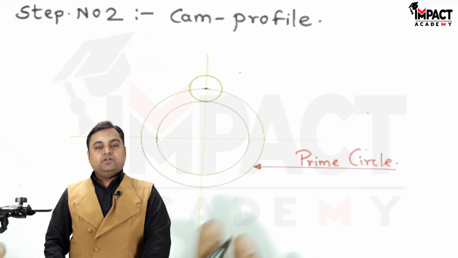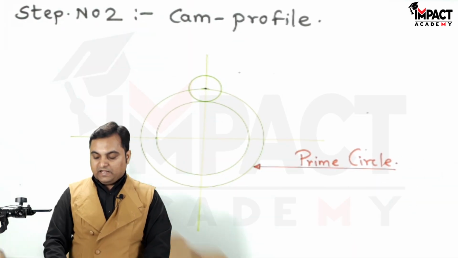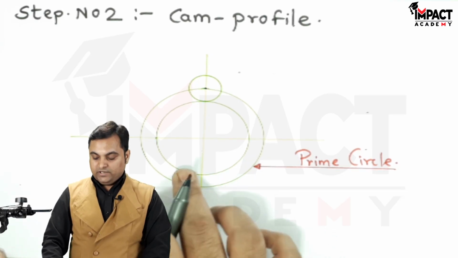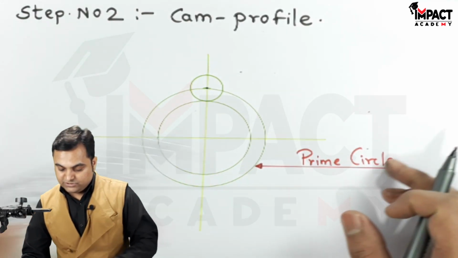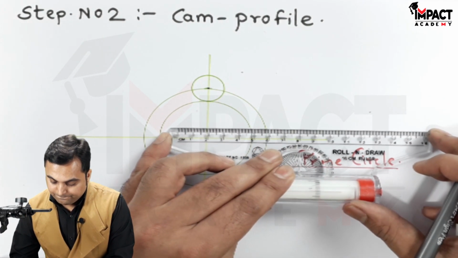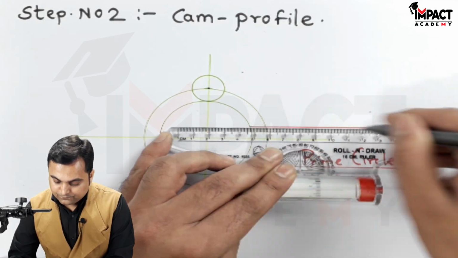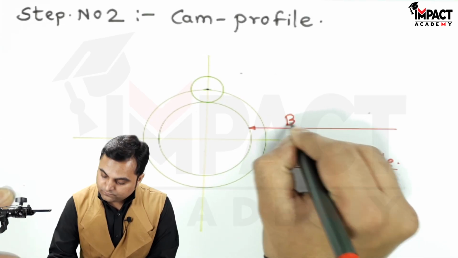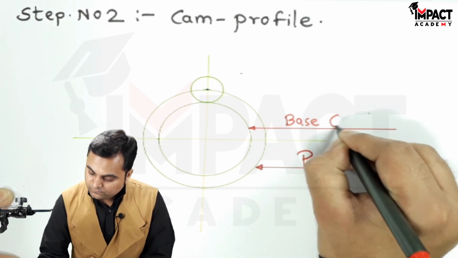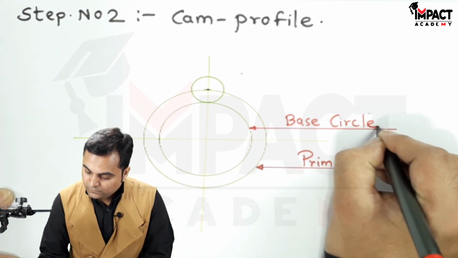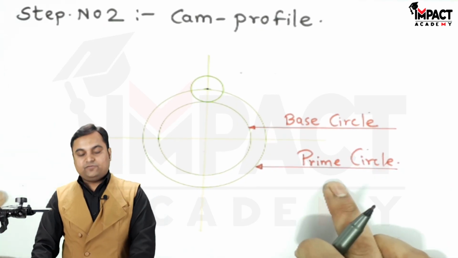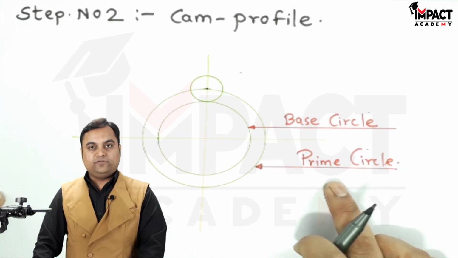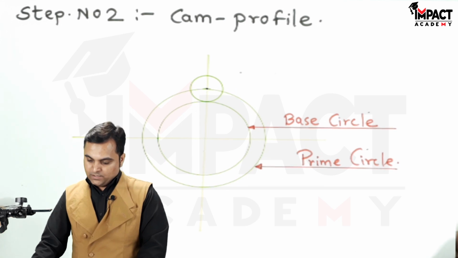And in case of a roller follower, the references are to be taken from the prime circle and not the base circle, because this is the base circle. So the references are to be taken from the prime circle if it is a roller follower as given over here.